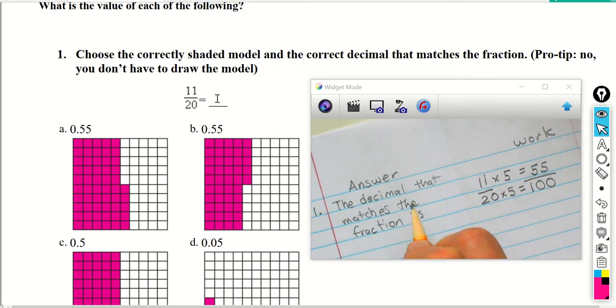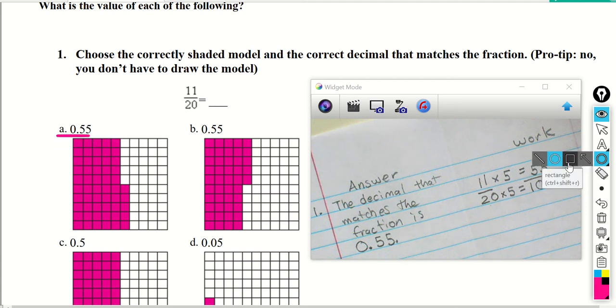So 55 over 100 is the same as saying 0 and 55 hundredths. And I see that right here, but I also see it right over here. Which one of these is correct? So I know that the decimal is 0 and 55 hundredths, but I need to check and see which one of these makes the most sense, which is accurate.